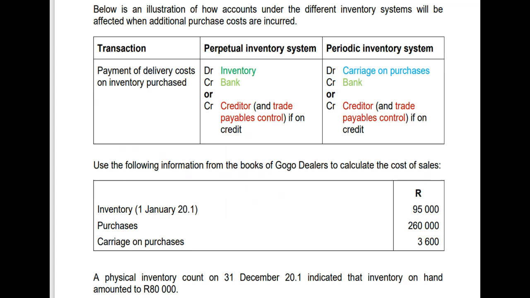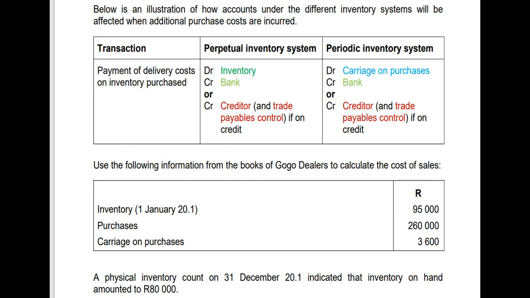You say opening inventory plus purchases plus carriage on purchases, then you minus the closing inventory. Because if you opened with 95,000, you also bought additional inventory of 260,000, then you incurred 3,600 carriage on purchases, then you are only left with 80,000.